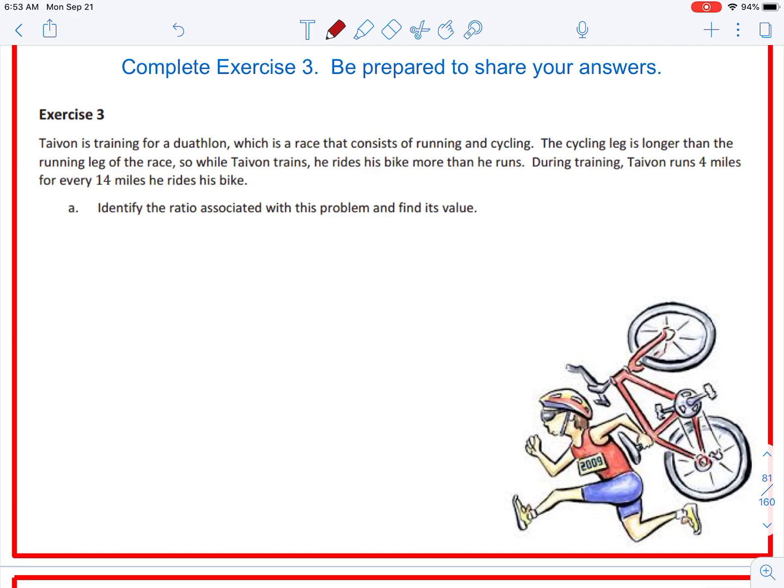So what's our ratio off the bat? Tavon runs 4 miles for every 14 miles he rides his bike. So our ratio is 4 to 14. That's our ratio. Now we have to find the value. So how are we going to turn this into a simplified fraction to find our value? How can we simplify 4 to 14 one more time?